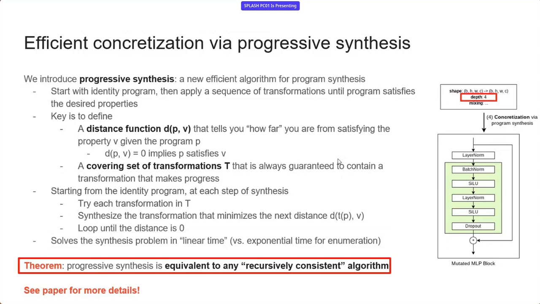So for instance, if you're writing a program, maybe you write a function, break it down into modules first, or if you're trying to prove a theorem, you can write down some definitions and prove some lemmas before you do the entire thing. So recursive consistency really breaks if I write down a partial solution and I come back to it and I have no idea how to use that solution, right? And so I like to think about recursive consistency as a structural constraint on the interaction between the semantics of the problem at hand and the language of transformations you have to compose a solution.